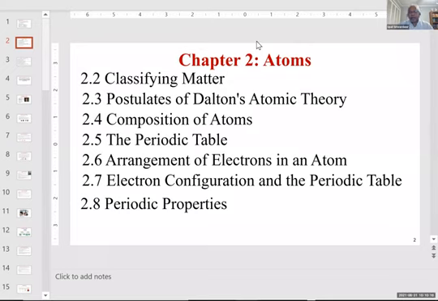So a shell is like the size of the electron distribution. As the shell number increases, the electron distribution around the nucleus increases.